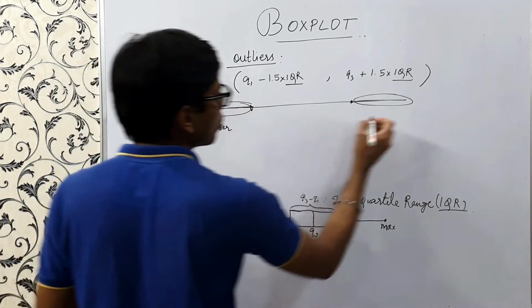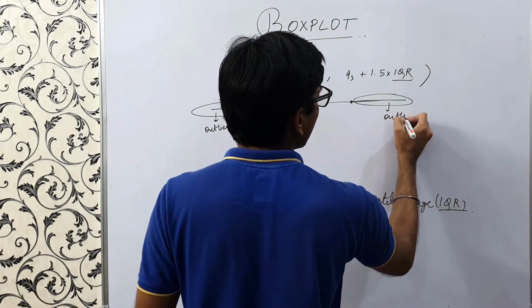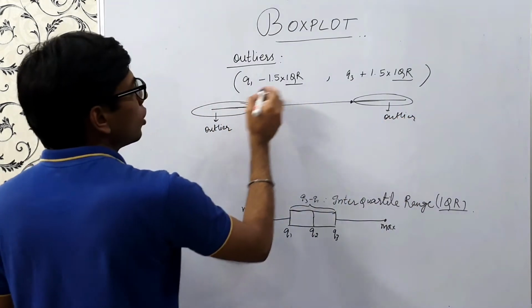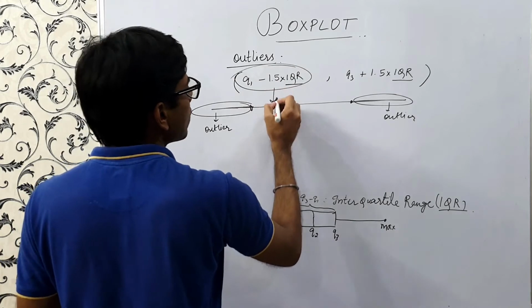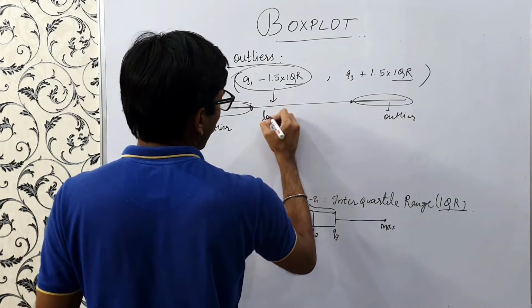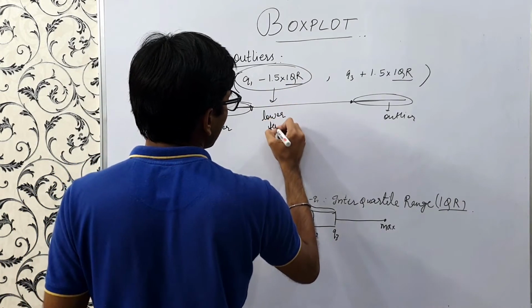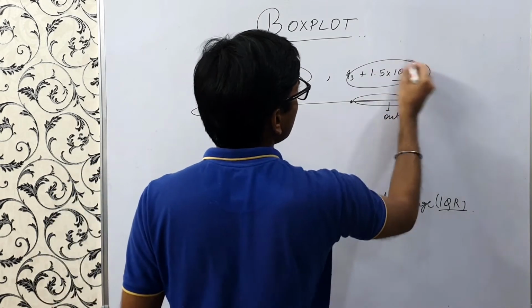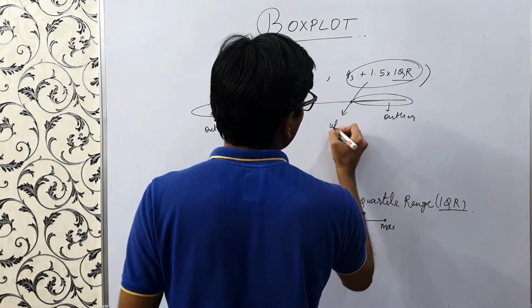Then we define that observation to be outlier, right? So this we call as lower fence, and this we call as upper fence.